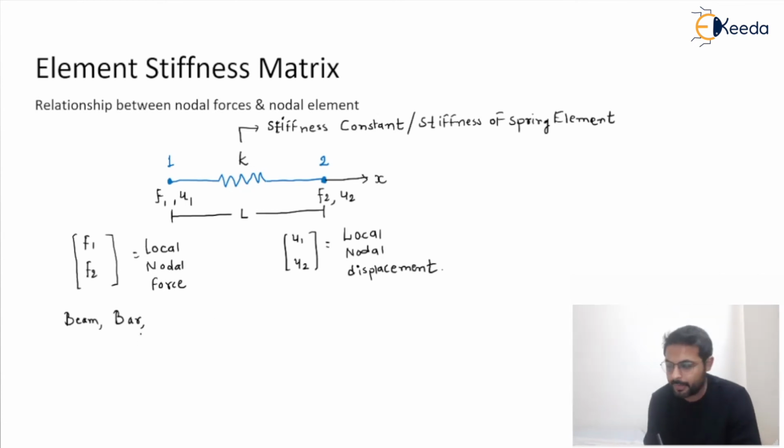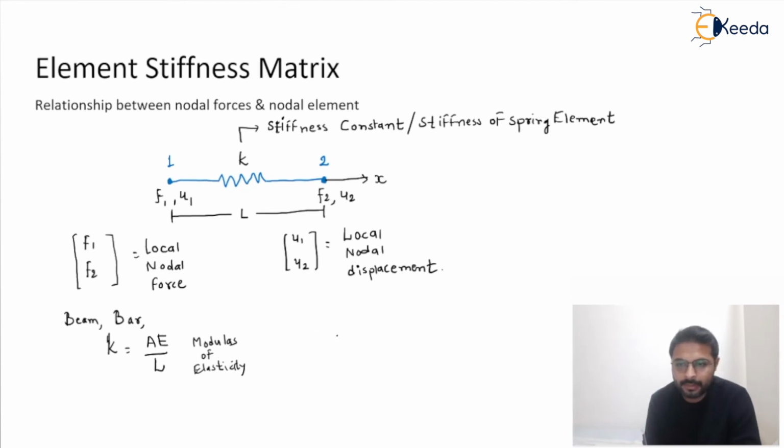For those problems, let us give the definition of K. Small k will be equal to capital AE divided by capital L, where A is the cross section area of the beam, E is the Young modulus of elasticity, and L is the total length of the element, so the length of the beam here.